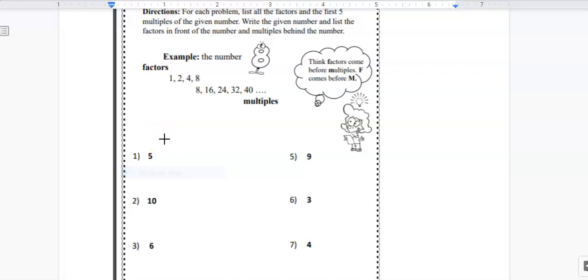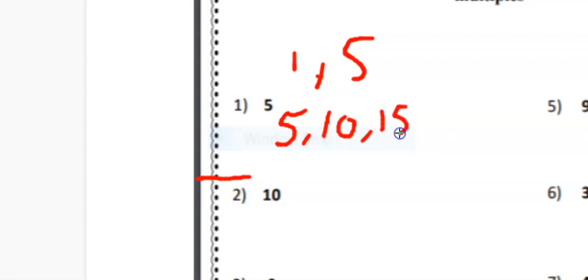So we're going to have 1 and 5 as our factors, right? 1 multiplied by 5 is 5. We're not going to have any more factors than that, but our multiples of 5 would be different. 5 multiplied by 1 is 5. 5 multiplied by 2 is 10. 5 multiplied by 3 is 15. 5 multiplied by 4 is 20.